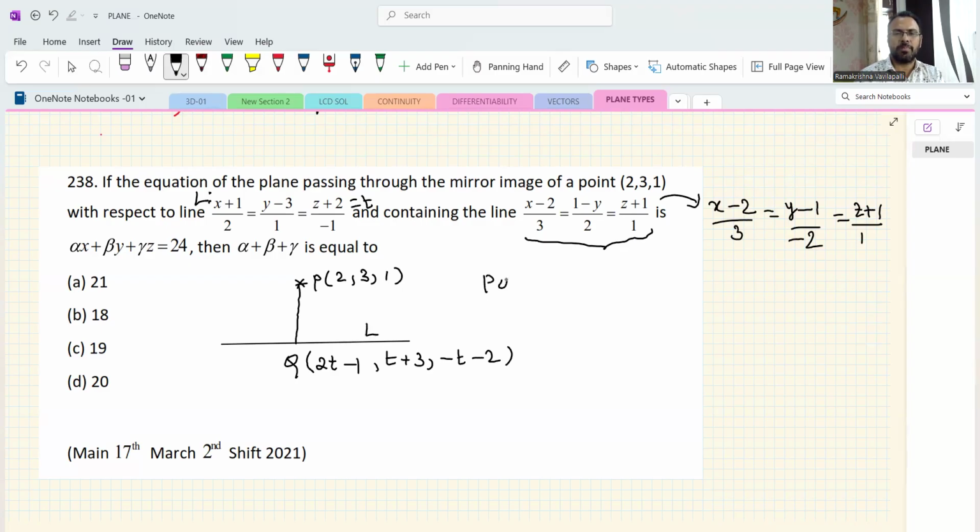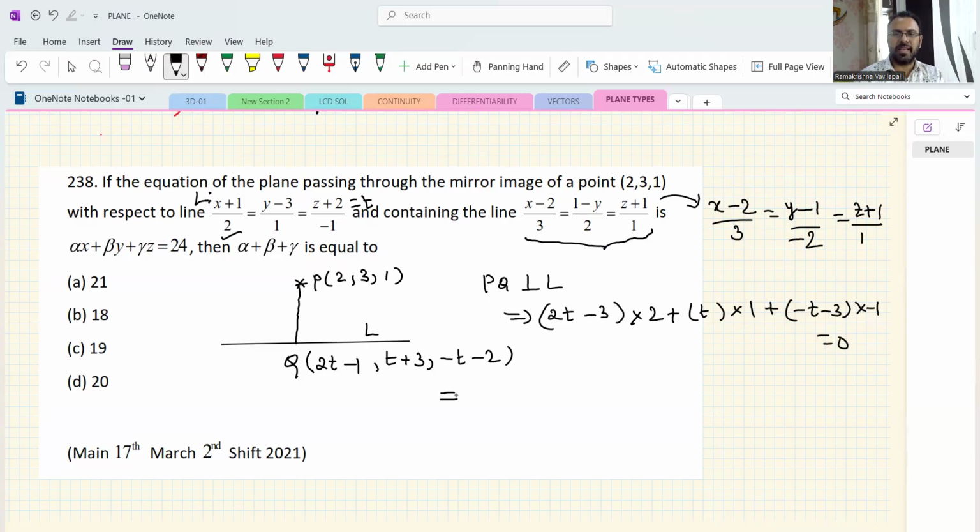Now PQ is perpendicular to L. So what are the DRs of PQ? That is 2t minus 3 into 2, plus t into 1, plus minus t minus 3 into minus 1 equal to 0.